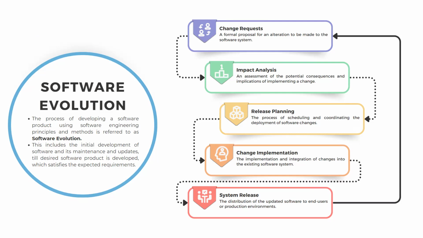And then these bugs are removed, and then again the process goes through release planning and the deployment of the software after removing these bugs, and the change is implemented, and finally it will be released to the end user.